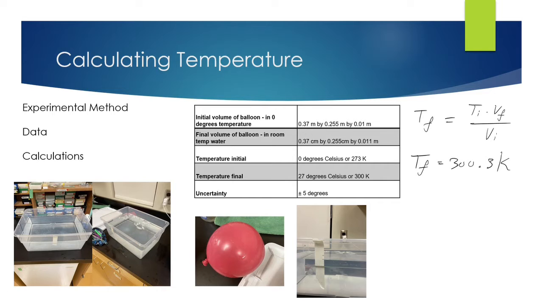This equation gives us the temperature for the room temperature water. The final value of the temperature would have had some uncertainty due to the uncertainty in the measurements of the dimensions as well as the temperature of both of the tubs. The following table includes our measurements and calculations as shown here.